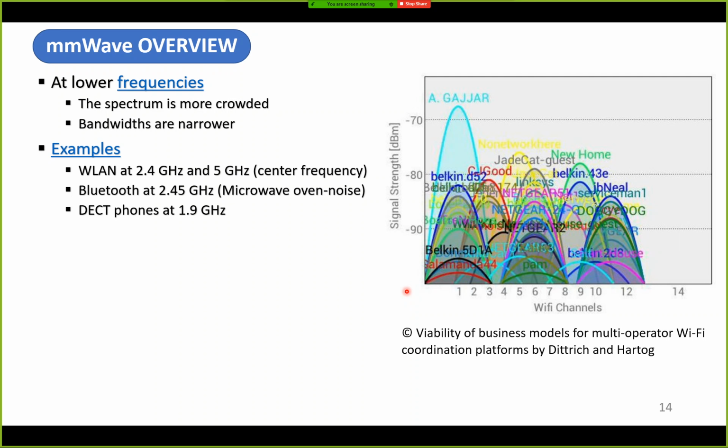So this is a plot that we can also have at our home by downloading software and having a Wi-Fi router and PC. These are the hotspot locations around some locations. So it is very congested. We cannot have wide bandwidths, contiguous or non-contiguous, in this region.